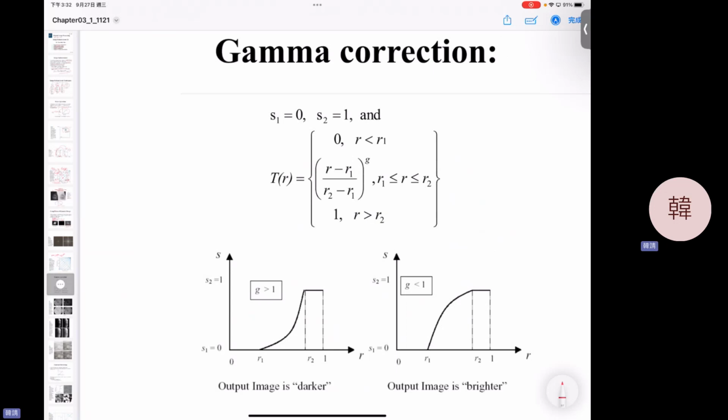So you do this easy transformation: r, your input number, minus R1, the lowest number, divided by the range, R2 minus R1, and take the power of gamma. In this region we take a power transformation, and after R2 it becomes constant, the maximum level 1. So it's a gamma correction for your monitors.